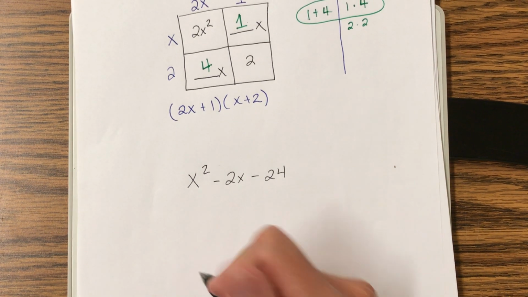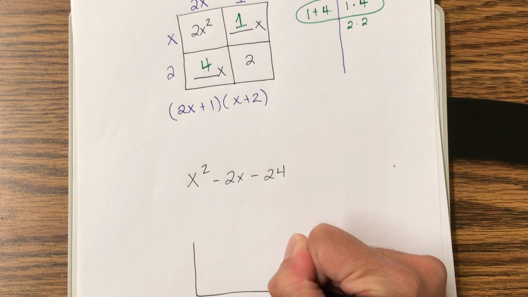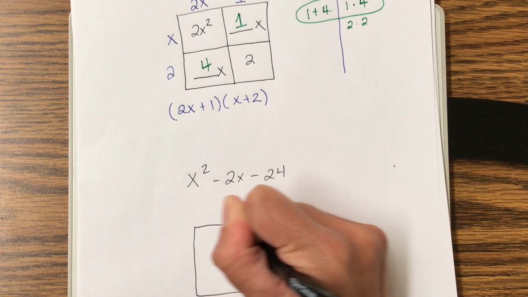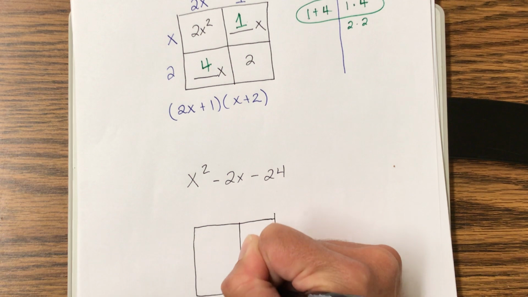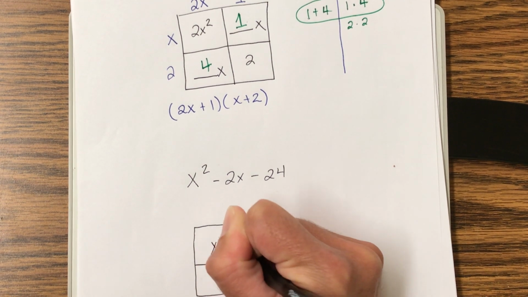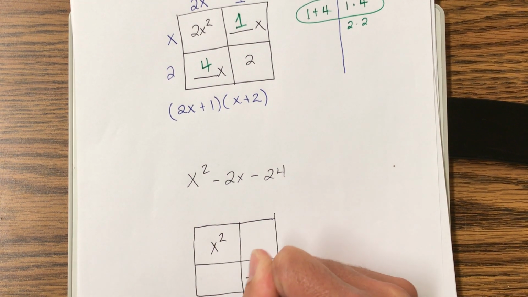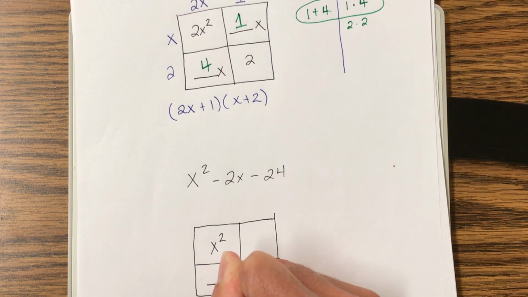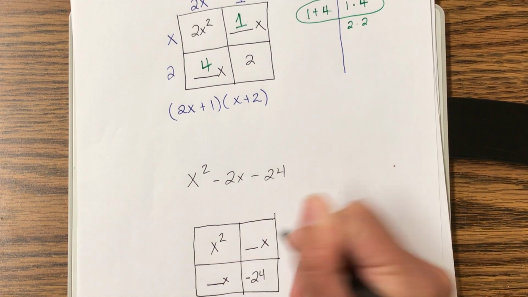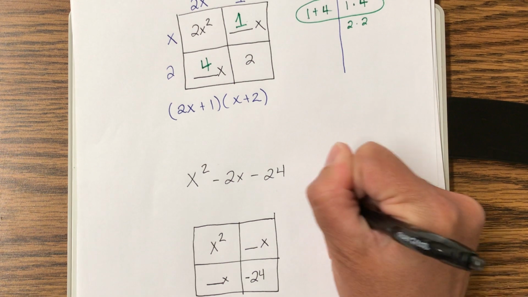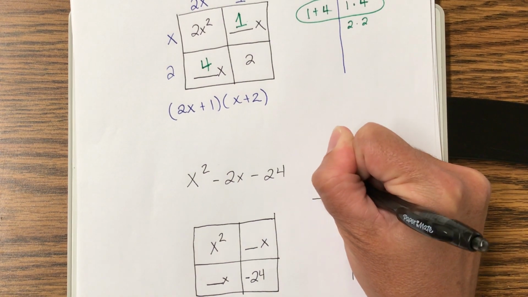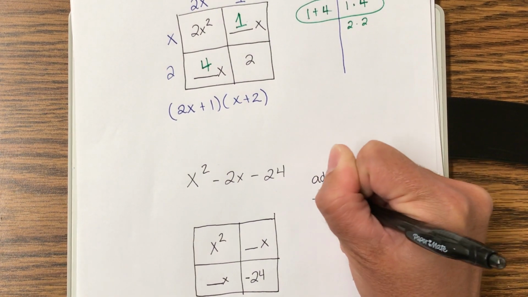Okay, so still we can set up our 2 by 2 box. x squared goes here, negative 24 goes here, something x and something x. So again, like we said, it still regardless has to add to the negative 2x.